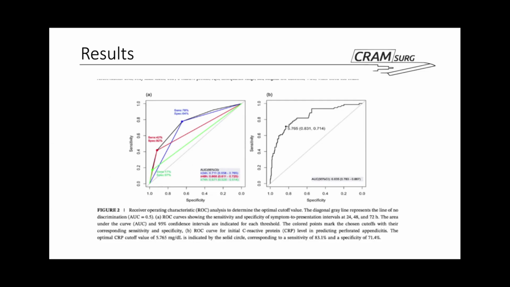However, the specificity is better with greater than or equal to 48 hours, with a specificity of 92%, and the authors justified possibly using this cutoff for this reason. On looking at the right side, we can see an optimal value of 5.7 for CRP to detect possibility of a perforated appendicitis.